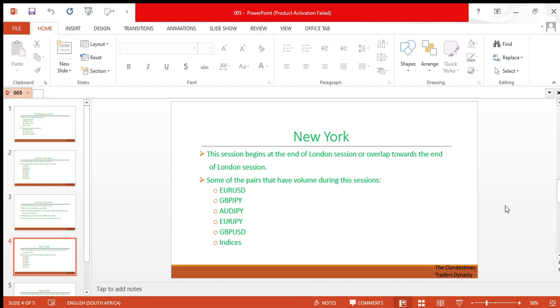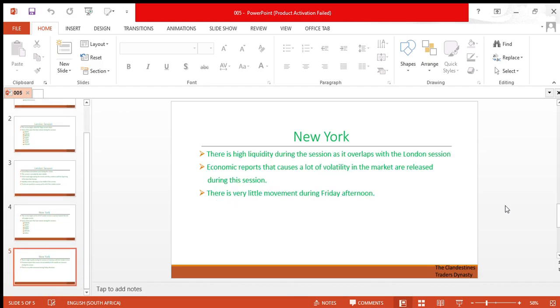Some of the pairs that have volume during this session are Euro USD, GBP JPY, AUD JPY, Euro JPY, GBP USD, and indices such as Nasdaq, German DAX, US 500, and some others. But they also move during the London session, and they also have movement during the New York session.